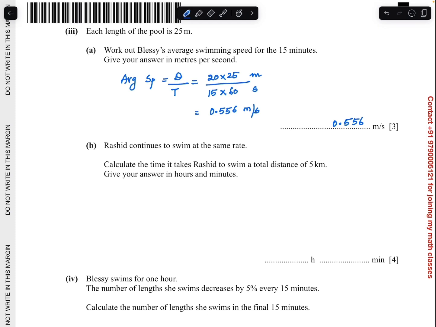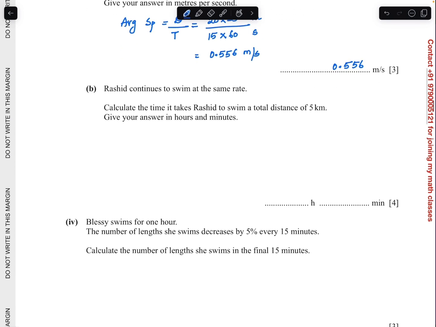Rashid continues to swim at the same rate. Okay, so we have to see what is the rate we have to calculate. Then calculate the time it takes Rashid to swim a total distance of 5 kilometers. Give your answer in hours and minutes. So first let's calculate Rashid's speed.